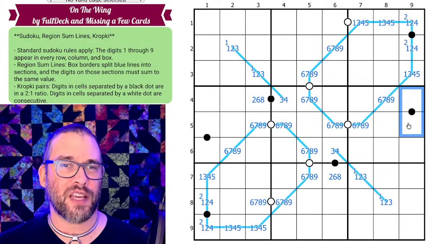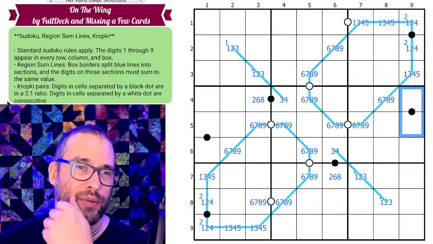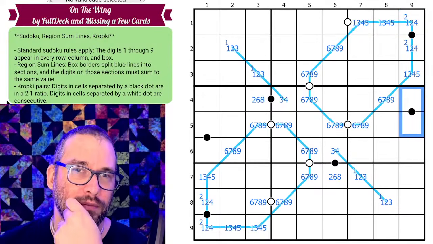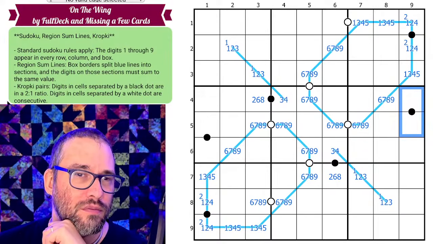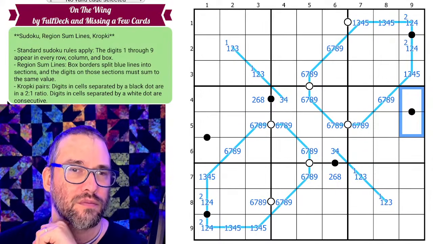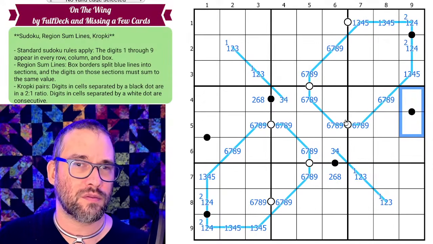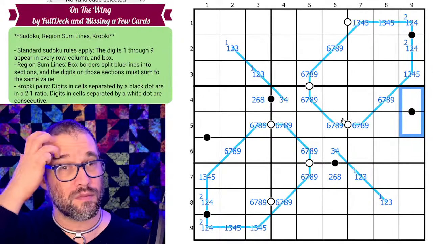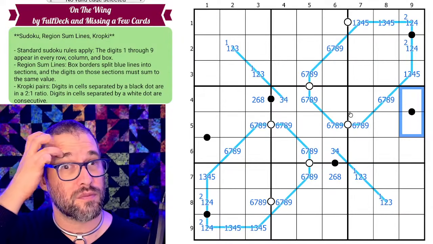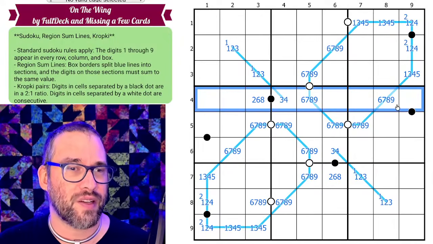Okay, so these black dots have 2's looking at them, which means they have to have either a 3 or a 4 on them. Let's see, we do have to put the other 2, 6, 7, 8, 9's in row 4.